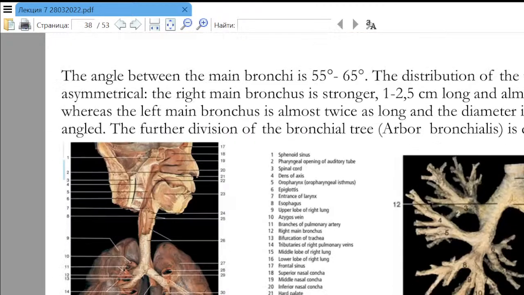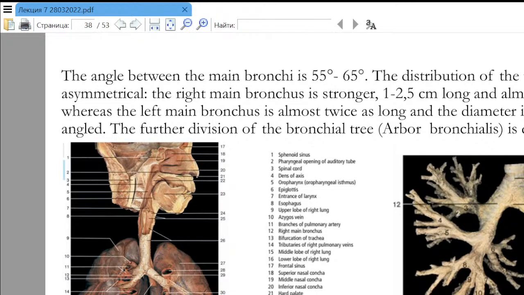The angle between the main bronchi is 55 to 65 degrees. The division of the trachea is asymmetrical.